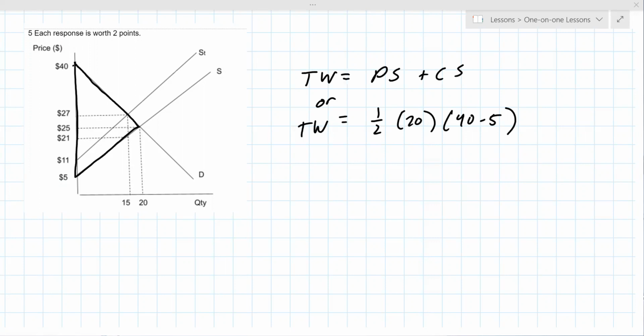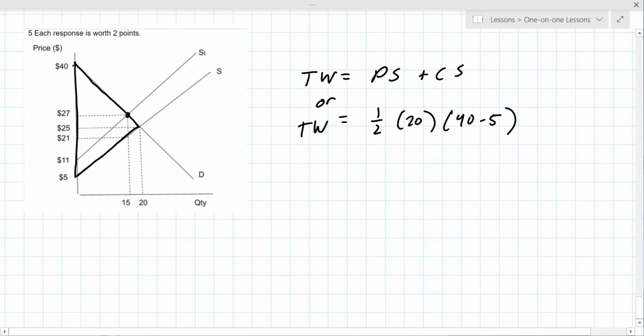All right, what's next here? Should be number 4. What is the per unit tax? So they're basically asking what happened here. Your tax is now here. What happened is the price went up from 25 to now 27.